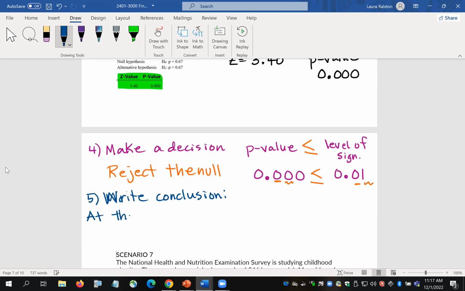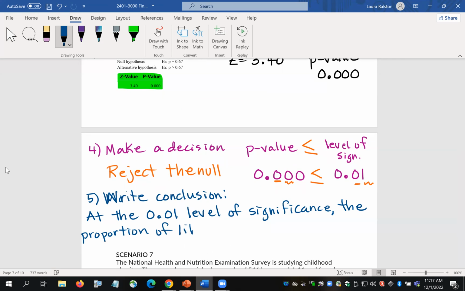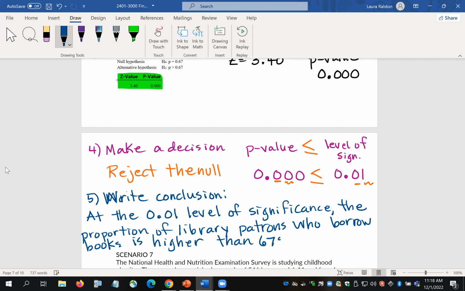So at the 0.01 level of significance, the proportion of library patrons who borrow books is higher than 67%.